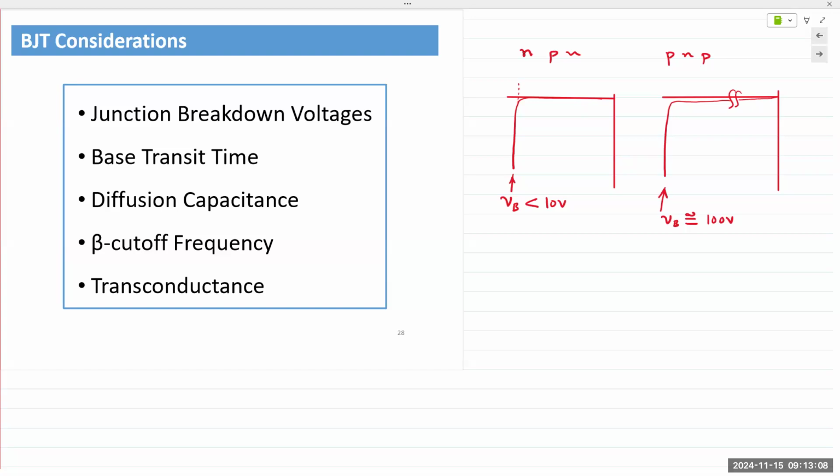Okay. So whether it's an NPN transistor or PNP transistor, both of those have two PN junctions. If you reverse bias those junctions, they will break down. The emitter junction, or the emitter base junction, breaks down at lower voltages because the emitter is very heavily doped, so you have a Zener effect. And the collector base junction will also break down, but it's in excess of 100 volts or so.